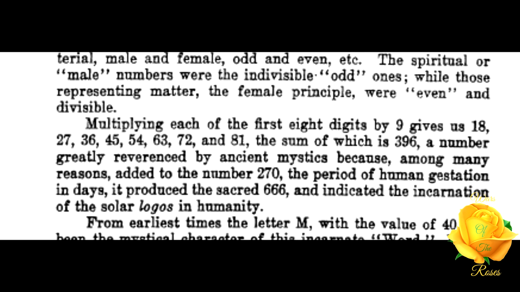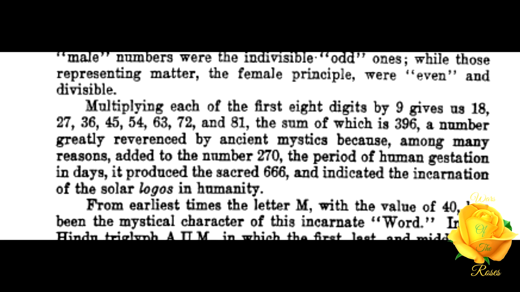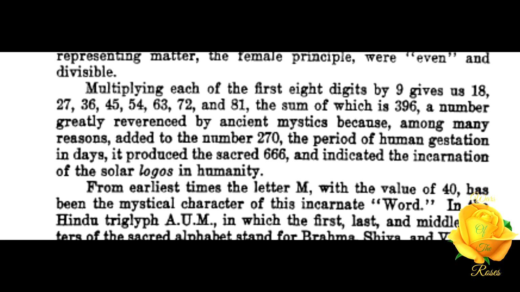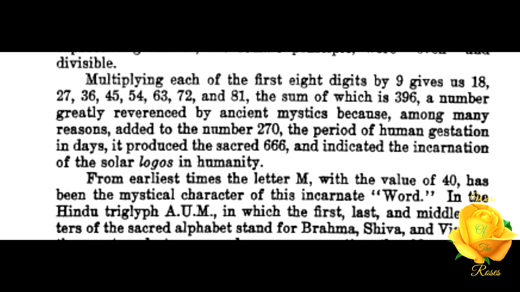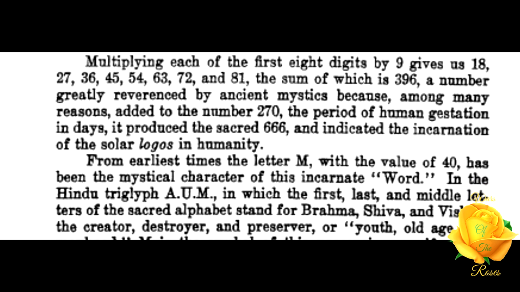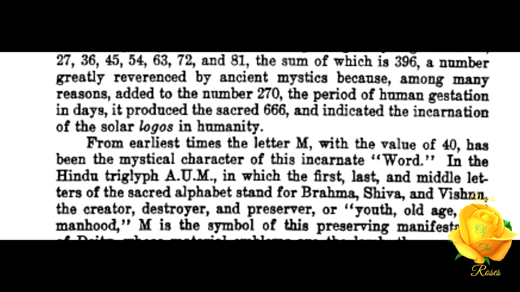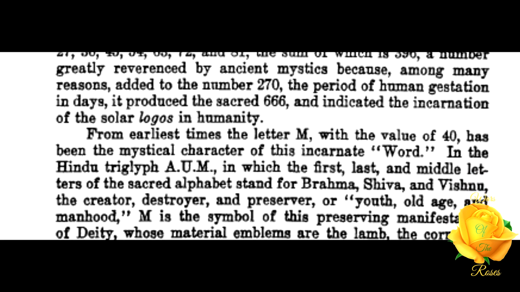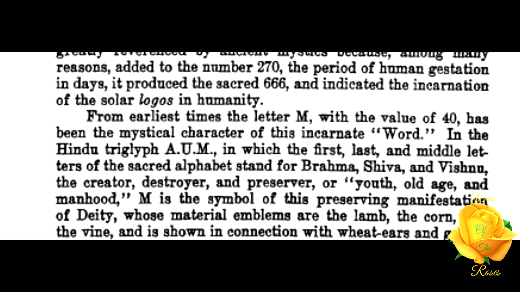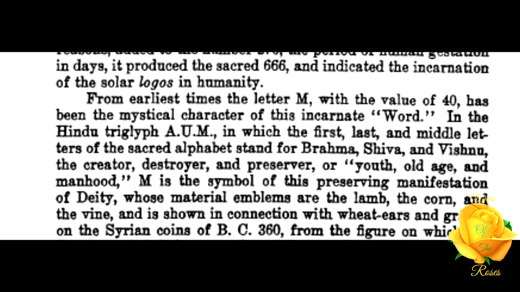Multiplying each of the first 8 digits by 9 gives us 18, 27, 36, 45, 54, 63, 72, and 81, the sum of which is 396, a number greatly reverenced by ancient mystics because, among many reasons, added to the number 270, the period of human gestation in days, it produces the sacred 666, and indicated the incarnation of the solar logos in humanity.